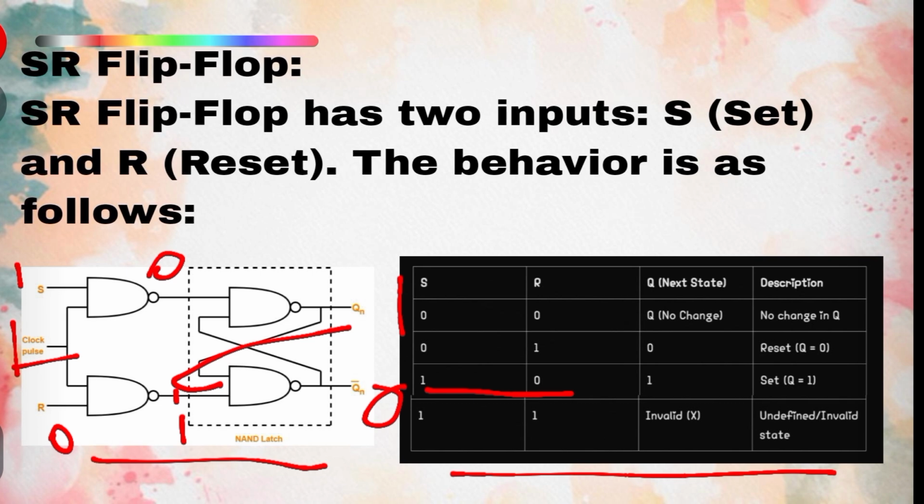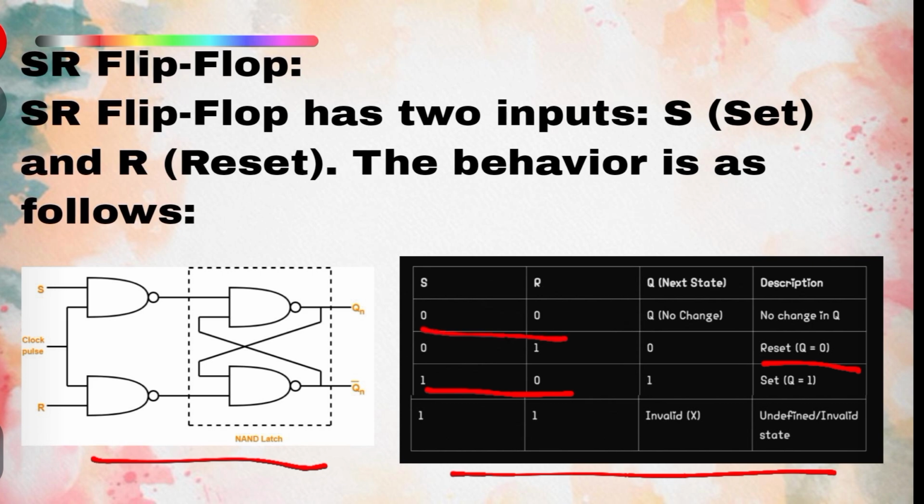Here I mentioned 1 for the value of Q. That means Q is set as 1 for this flip-flop. Accordingly, when I give 0 1 for this table, we find the value of Q is 0, that is reset. And when we give both values 0 0, there is no change in the value of Q. We can't give 1 1 for this SR flip-flop, it is invalid.